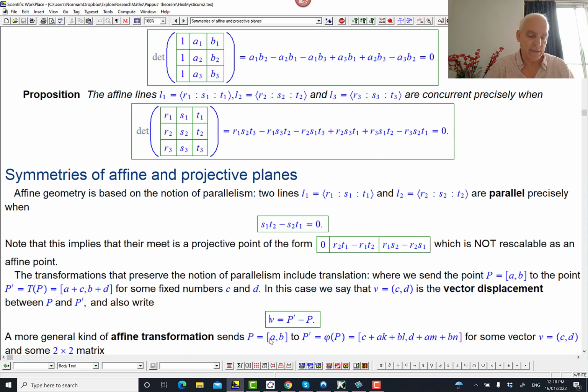Now we're allowed to send the point (A, B) to any expression of this kind. Let's have a look at this. There's still a C and a D, just as there was up here.